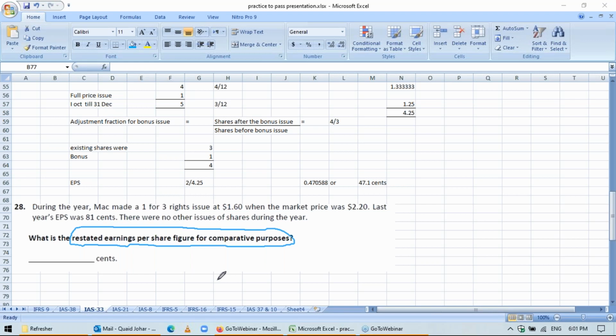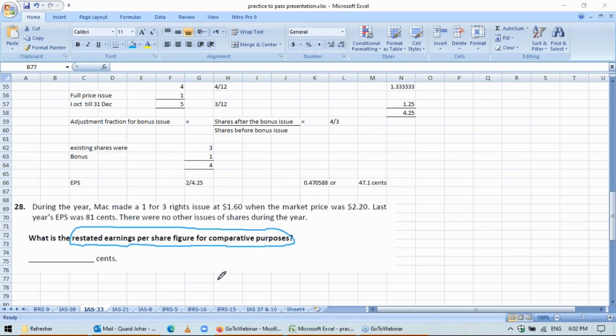So as I said, if a right issue or a bonus issue takes place, what happens? We have to adjust the ordinary shares outstanding which were present prior to the bonus or the right issue. So the adjustment fraction was applied to what? It was applied to the outstanding shares prior to the right or the bonus issue.